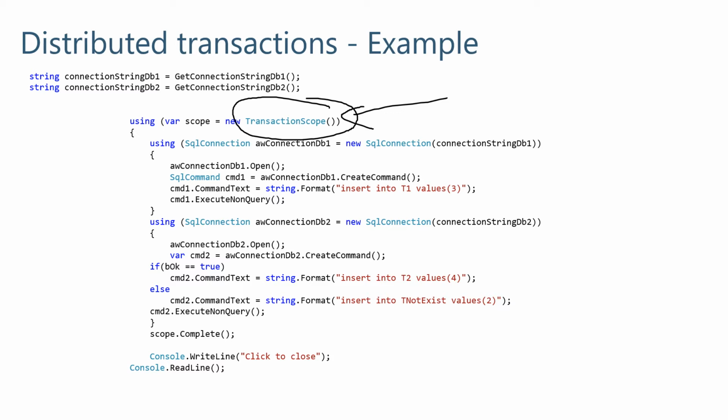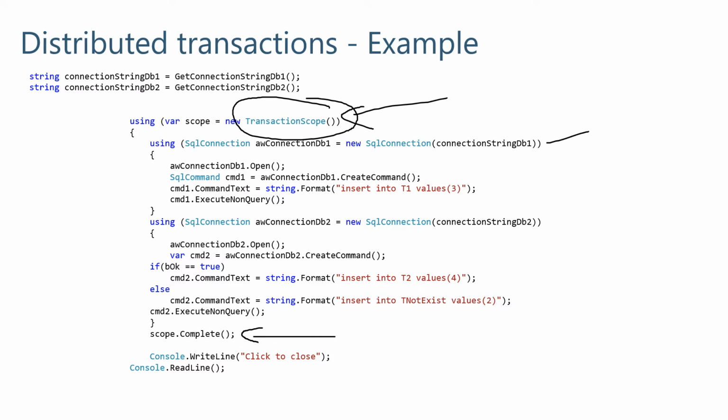This will be until the transaction is completed. All modifications and connections that we make from this point to this point will be assumed to be a unique transaction in distributed mode.